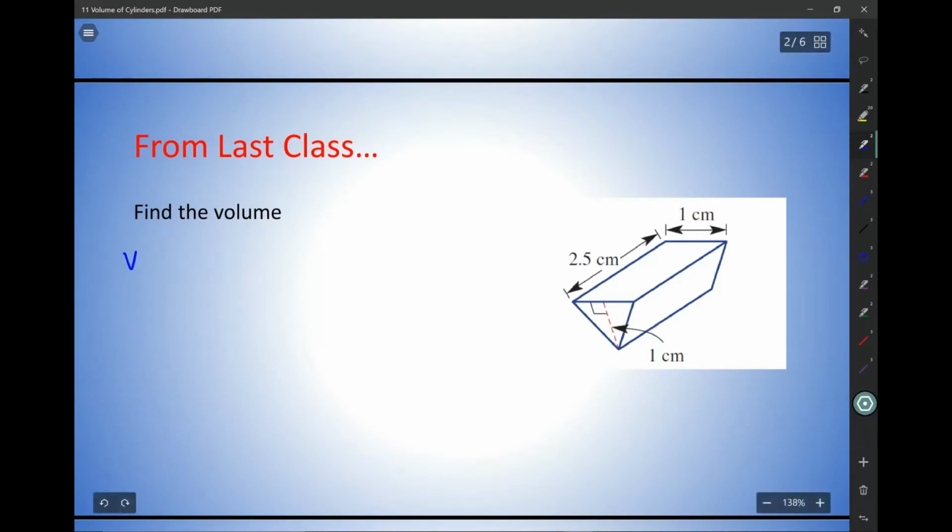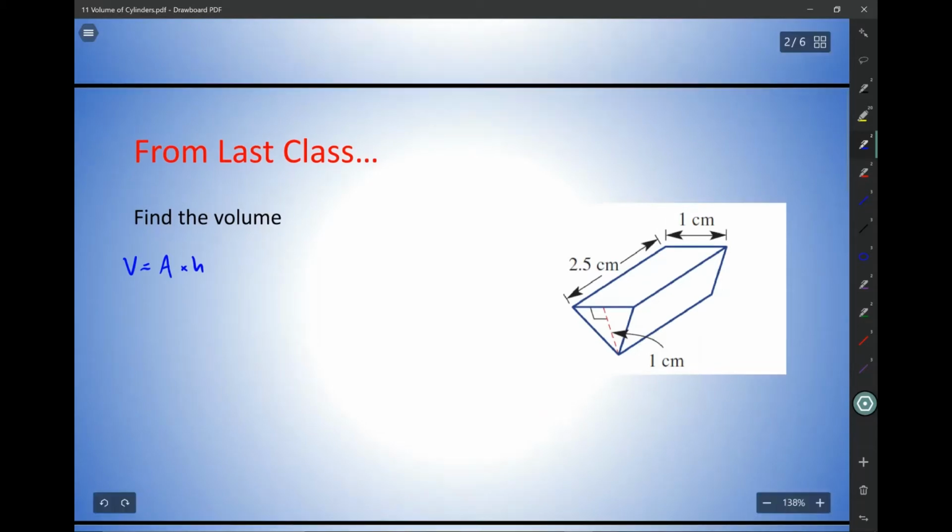Okay, remembering the first thing we need to do is write down the formula that we need. The volume of a prism is equal to the area of a side that is the same on two ends. In this case, we're going to use the triangle at the front and the back, multiplied by the distance in between them.